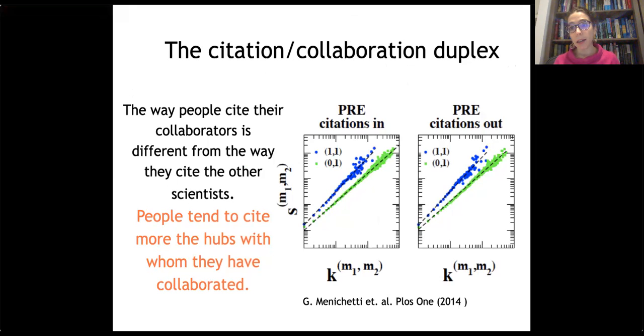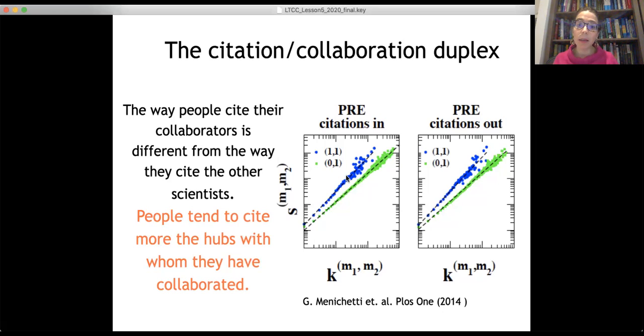What is the pattern followed by authors in citing the papers of their collaborators, and what is the pattern of authors citing the papers of authors that are not their collaborators?